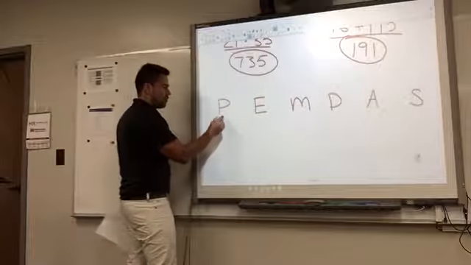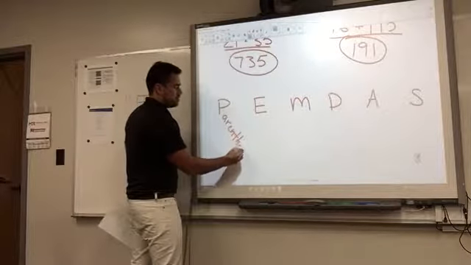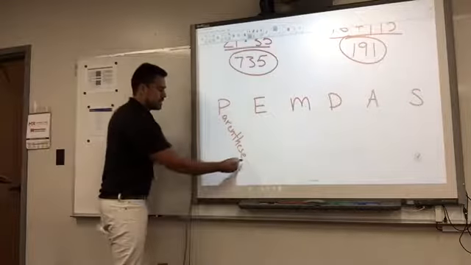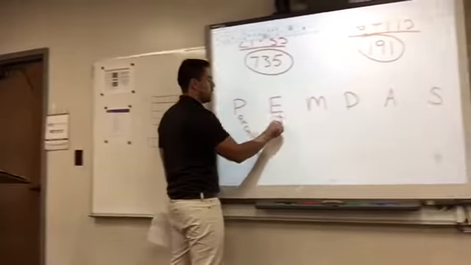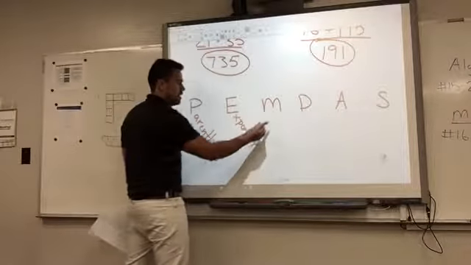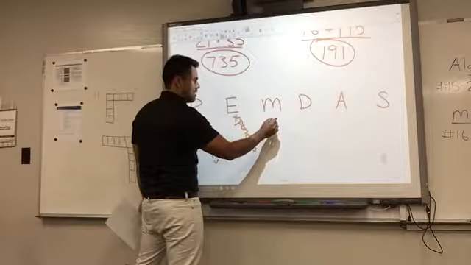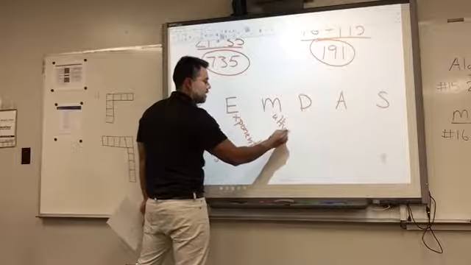What does P stand for? Parentheses. Okay, parentheses. All right, E stands for exponents. M. Yeah, and I'm going to use the verb form, so multiply.